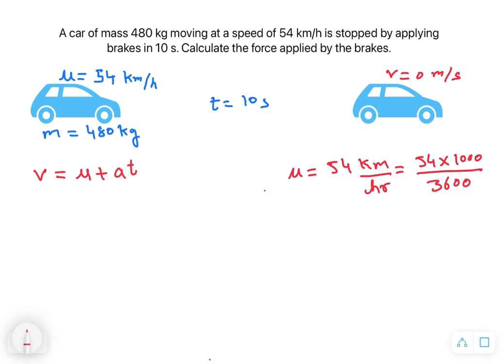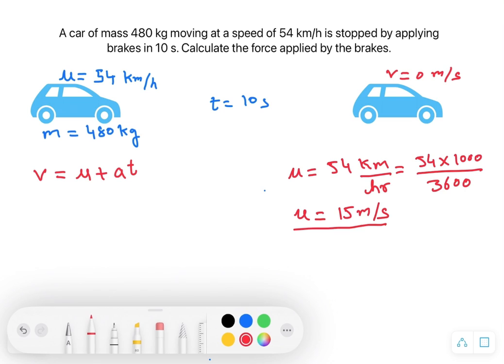If you do this calculation, you will get U equal to 15 meters per second. So we'll be using this value of initial velocity.